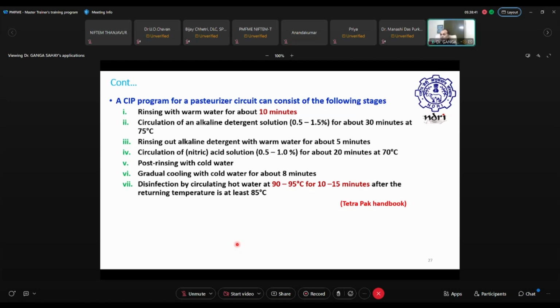Otherwise it will get cooled in between, and the sanitation won't be achieved properly because the temperature has already decreased.